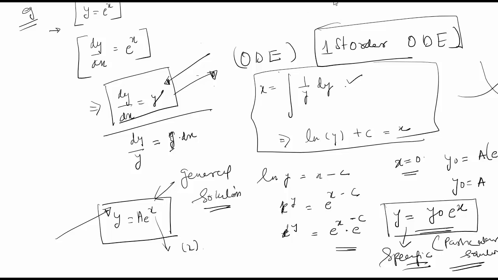So again, what we talked about was an equation in the form of dy by dx is equal to y. This equation can be termed as an ordinary differential equation, and this is just an example, and we saw how to solve this.